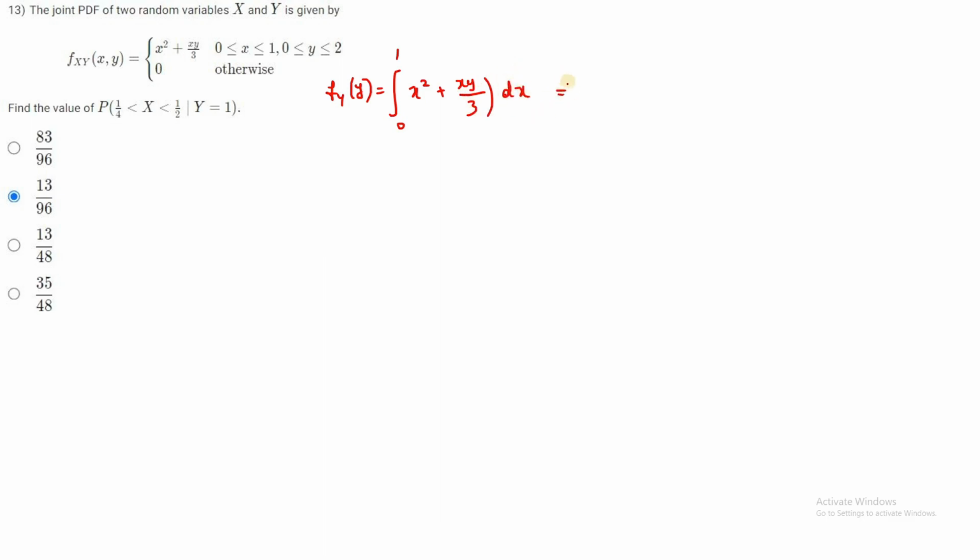So again that is equal to x cube by 3 plus x square y by 6, the limits are 0 and 1, which is equal to 1 by 3 plus y by 6.